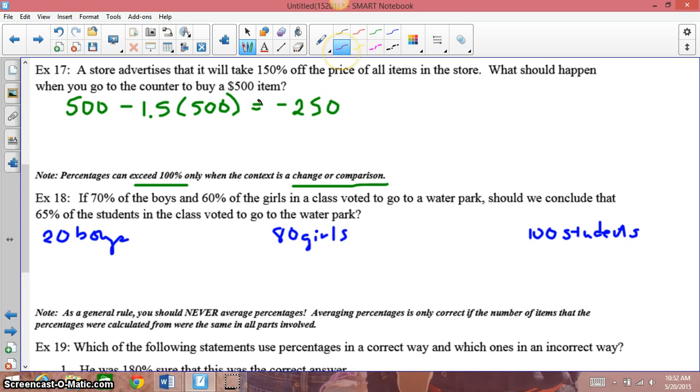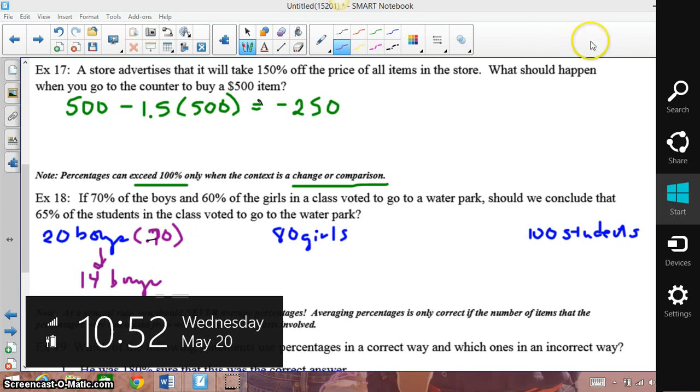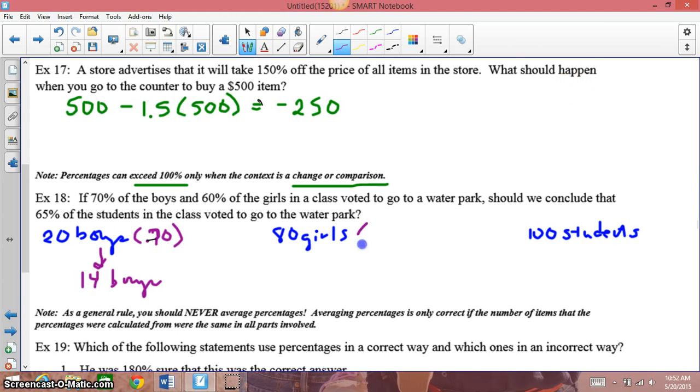Then it said in the problem that 70% of the boys wanted to go. So 20 boys times 0.70 gives me 14 boys that wanted to go to the park. My girls, 60% wanted to go, so I'm going to take that 80 and multiply it times 0.60. 80 times 0.60 gives me 48 girls.